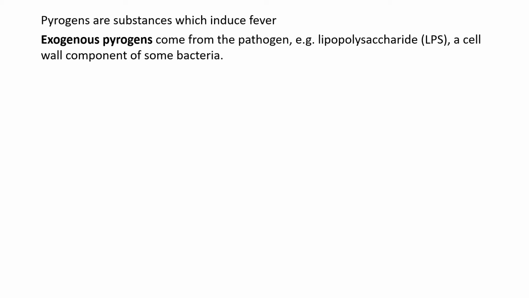They can be exogenous or endogenous. So exogenous pyrogens come from, for example, the pathogen. And a main example of this is a protein on the cell wall of many bacteria called lipopolysaccharide, LPS. This can act to stimulate fever.